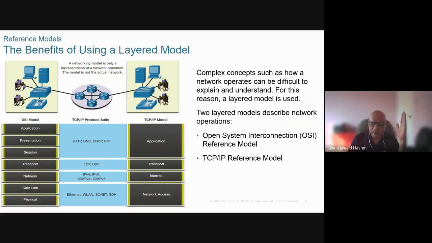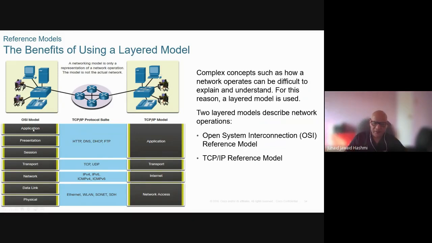So it's very complex. To make the whole process easier to understand, they divided it into layers.